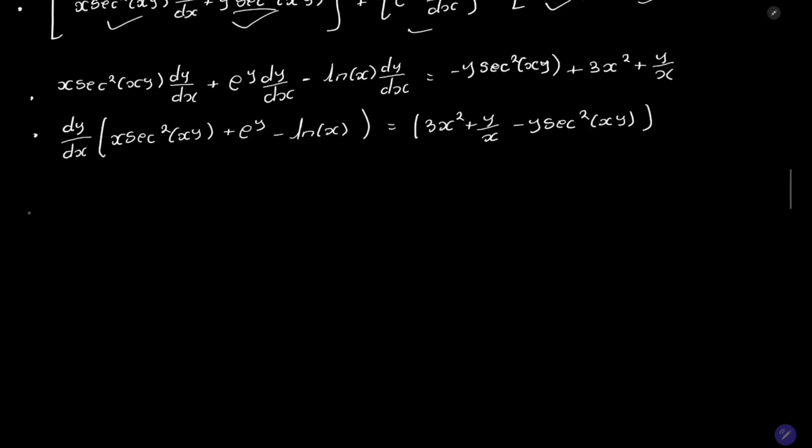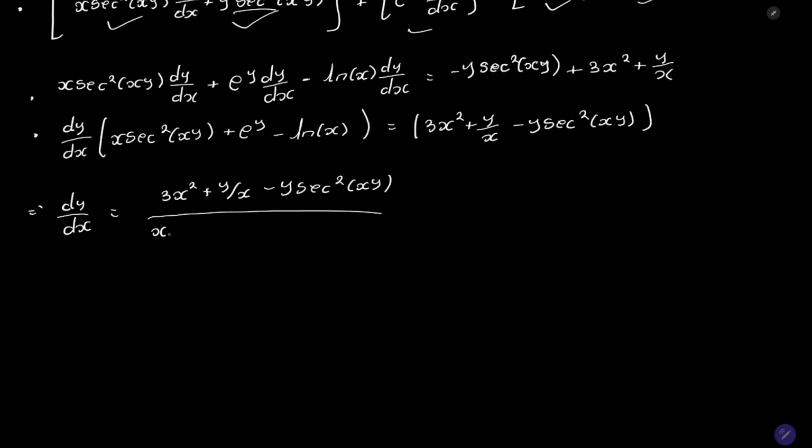So this tells us that dy on dx is the term 3x squared plus y on x minus y sec squared xy, all divided by x sec squared xy plus e to the y minus ln of x.